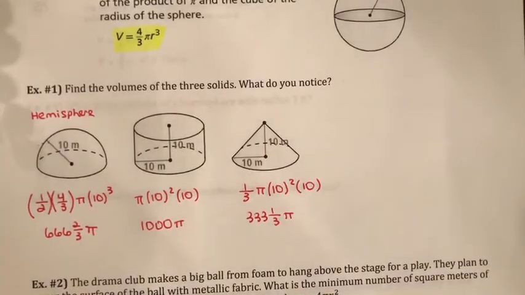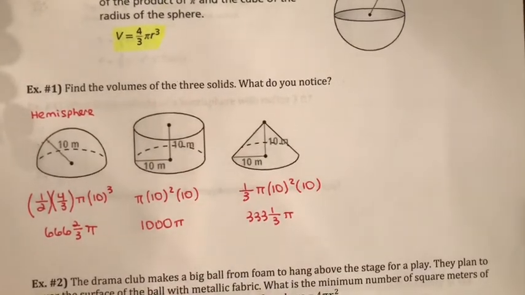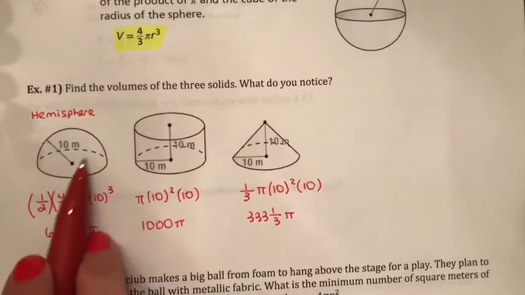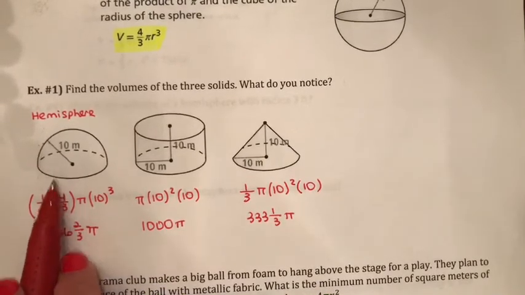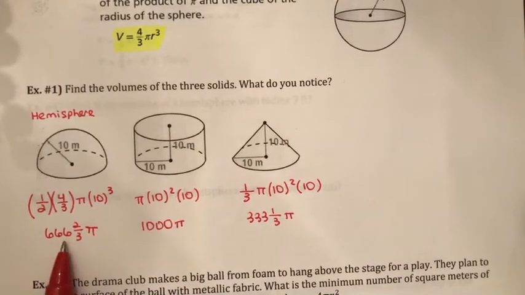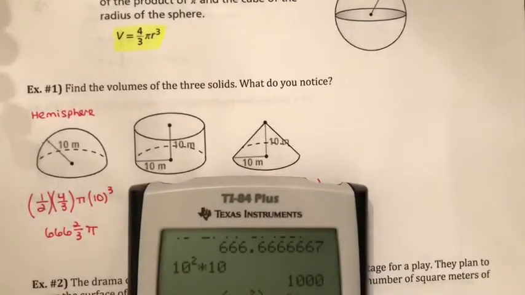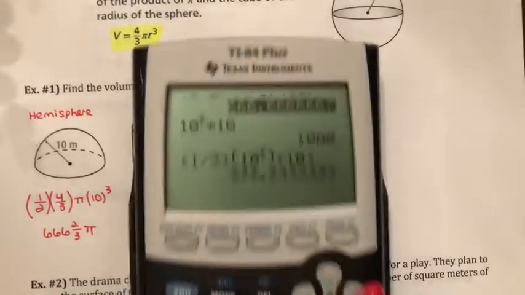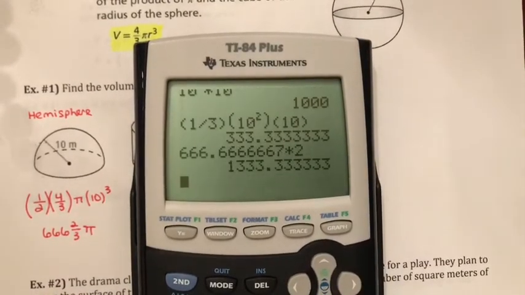Now, the reason why I wanted to show you guys this problem, it's kind of a discovery problem. Notice that this is a hemisphere, right? So that's half of a sphere. If I were to double this, okay? So doubling would give me 666 2/3. Let's actually go back up to that. Okay, let's double that.